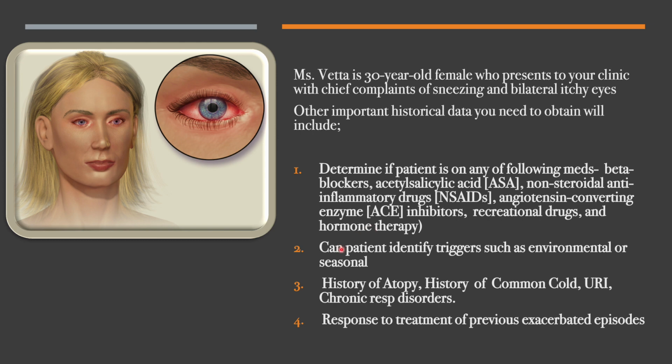You need to ascertain if patient can identify triggers such as environmental or seasonal, history of atopy, history of common cold, URI, chronic respiratory disorders. Also, you need to inquire about response to treatment for previous exacerbated episodes.